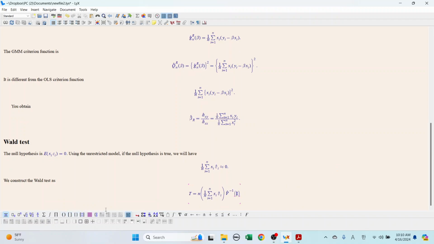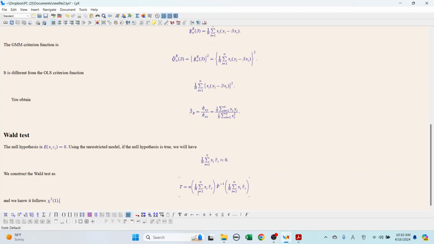And we know that this follows chi-square 1, because this is just a one-dimensional hypothesis. So we know the limiting distribution will be chi-square 1. By the way, the reason why I introduced chi-square is because I explained this as a distance in vector space.